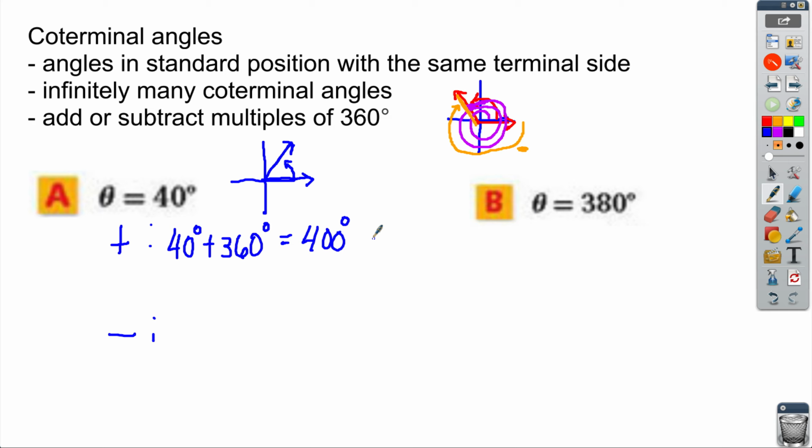If in the future you're instructed to find more than one, here's another thing you can do. Because you're looking for a positive measure, there are multiple possible answers. Instead of just adding a single 360-degree rotation, you can add another one. And that's what we mean by multiples. You can add or subtract multiples of 360.